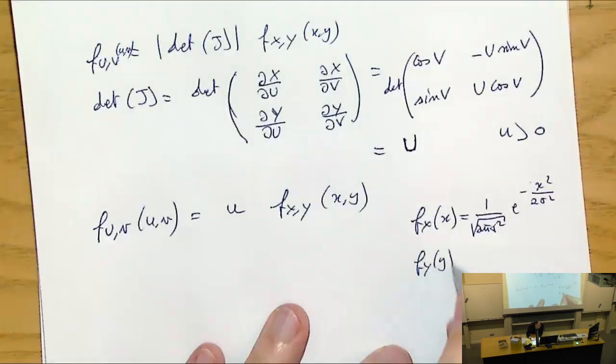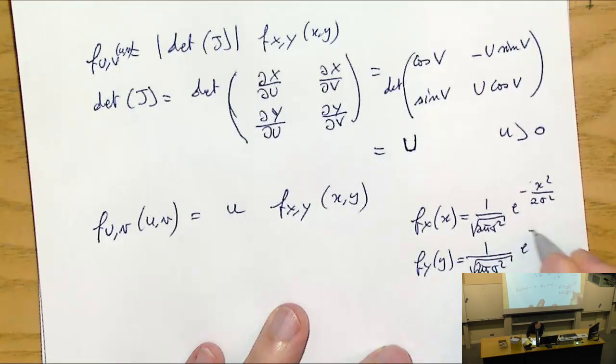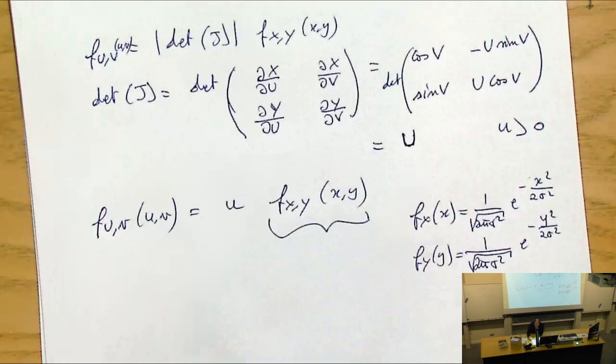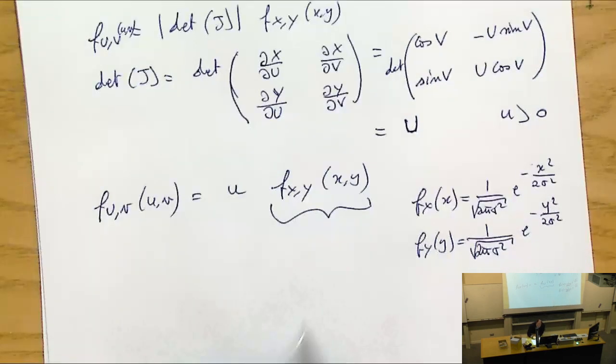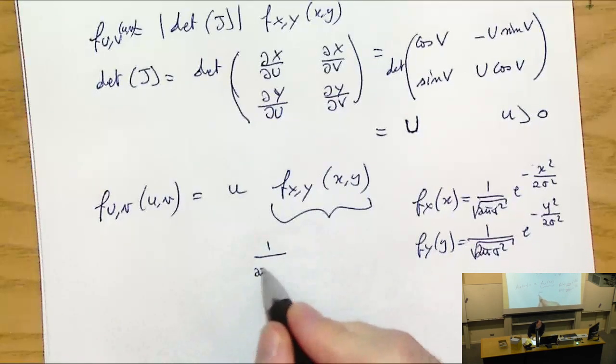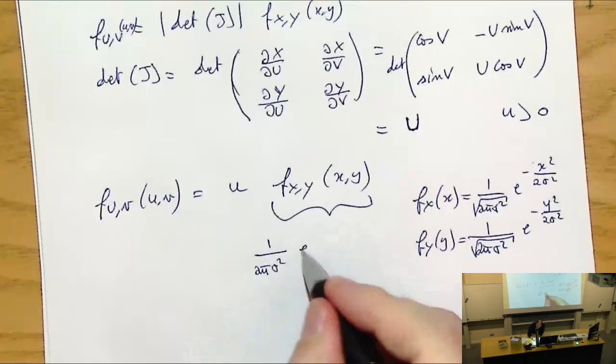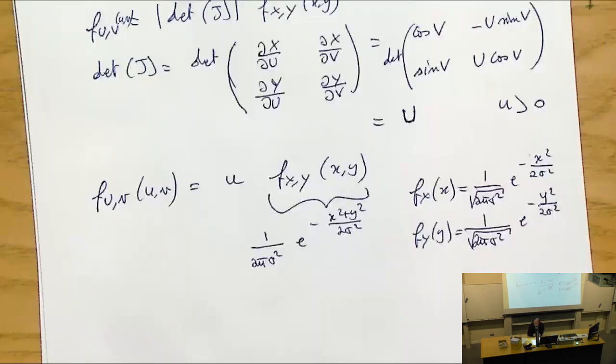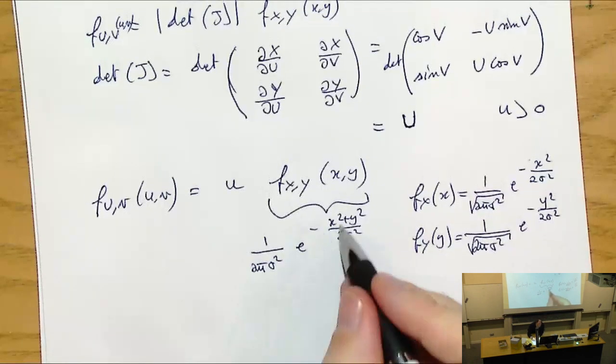And f of y is 1 over 2 pi sigma squared e to the minus y squared over 2 sigma squared. And since x and y are independent, the joint PDF is the product of those two: 1 over 2 pi sigma squared e to the minus x squared plus y squared over 2 sigma squared. Right? And what is this quantity?